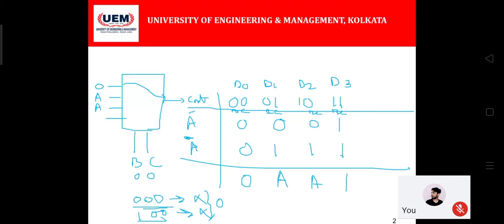And for the fourth value again, as you can see, BC becomes 1, and for B and C 1 and 1, A can have two possible values, either 0 1 1, that produces a carry 1, or 1 1 1, that also produces a carry of 1. So for both the cases you can see there is no proper logic behind the relation of A and carry itself.